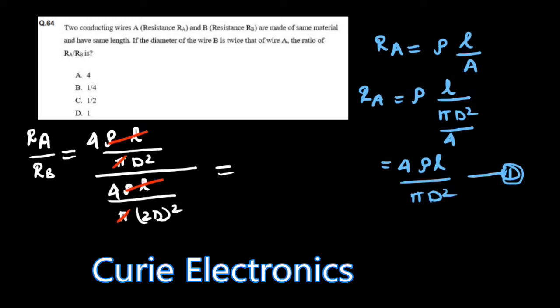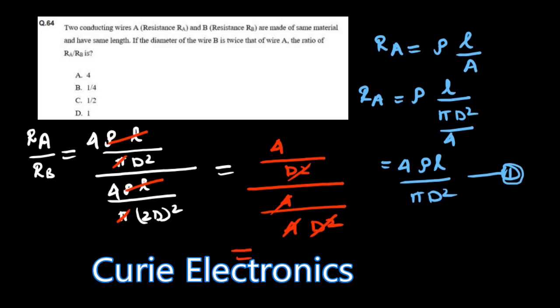Then we have 4 upon d square upon 4 upon (2d) whole square, so it is 4 d square. Here 4 cancels, d square cancels. Then what is left? 4. So option A is the right answer. The ratio of RA upon RB equal to 4.